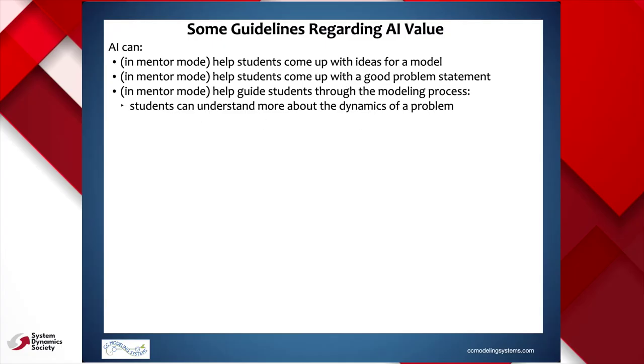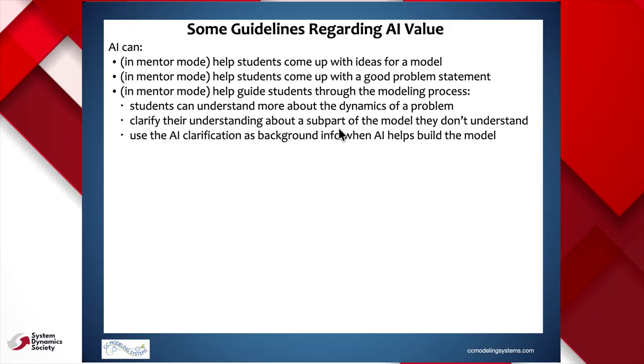So you can ask the AI to explain some things about the problem to you. It can help clarify their understanding about a subpart of the model. Maybe they understand part of it, but not another part, and you can ask the AI to give you more explanation about a subpart of the model that you don't understand.